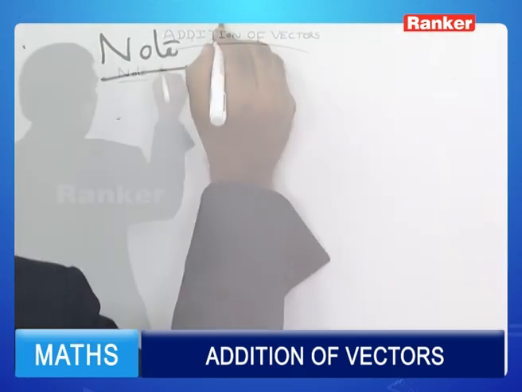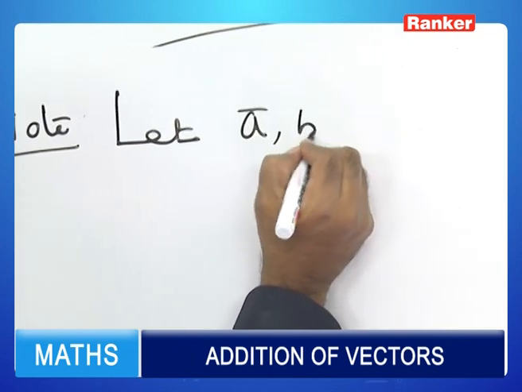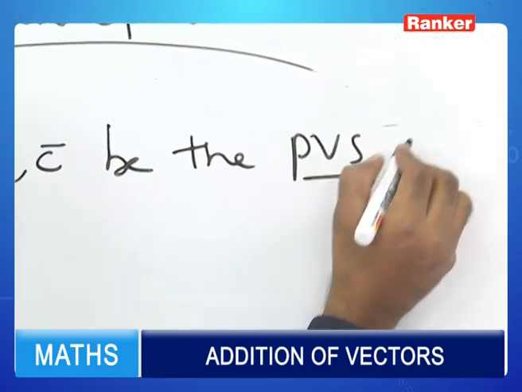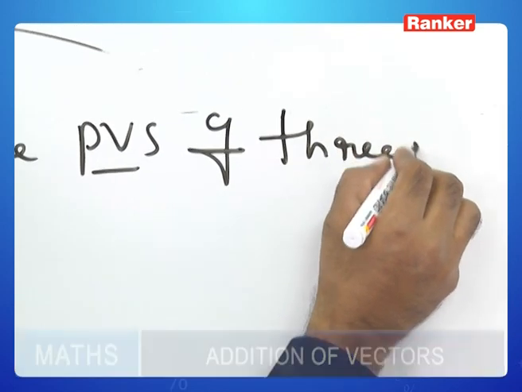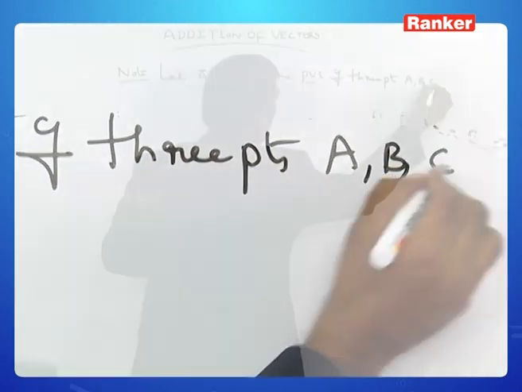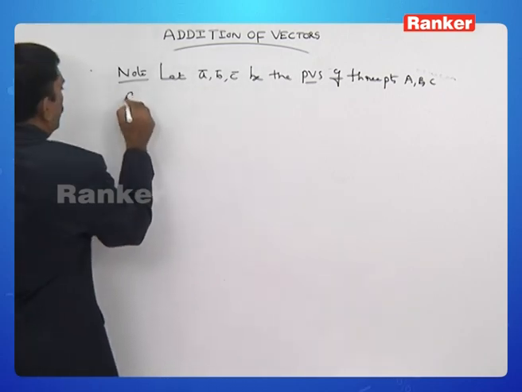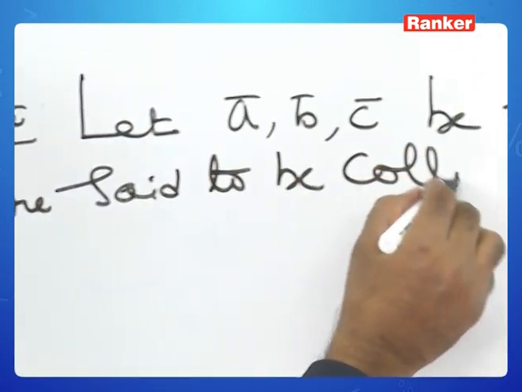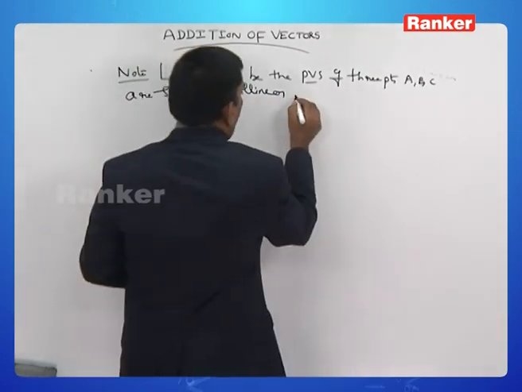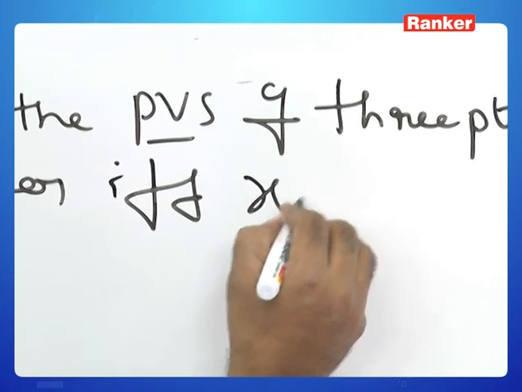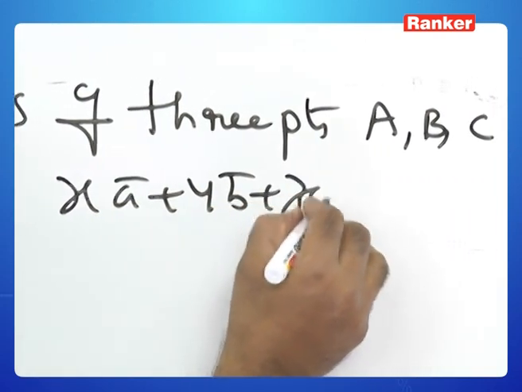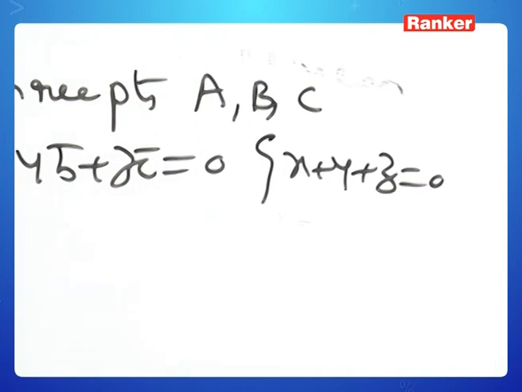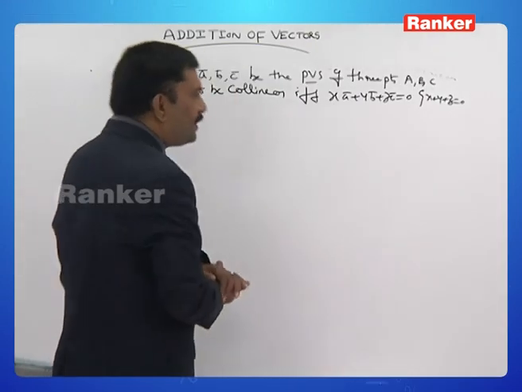Next, let A bar, B bar, C bar be the position vectors of 3 points capital A, B, C. They are said to be collinear if and only if x·A bar plus y·B bar plus z·C bar is equal to 0 and x plus y plus z is equal to 0, where x, y, z belong to R, 3 scalars.